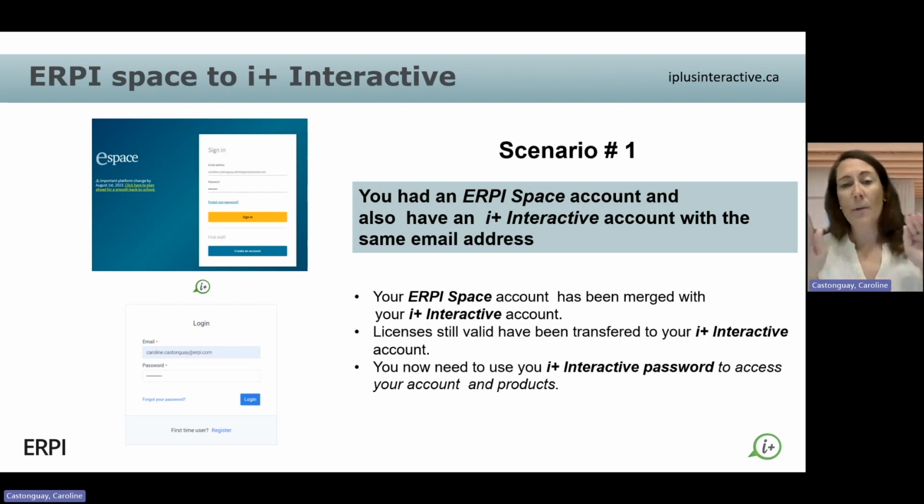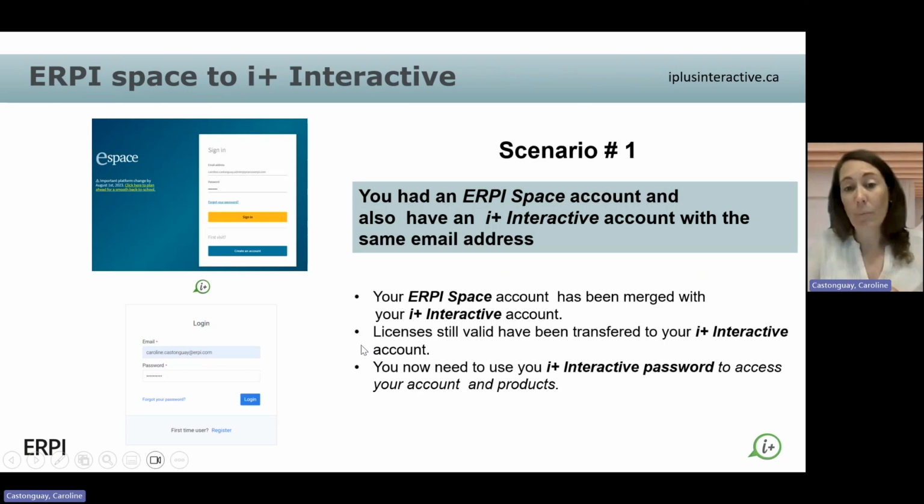If both of those accounts share the same email address as a username, then what we did is, if you had some still valid licenses, we transferred them automatically onto the I+ Interactive platform.